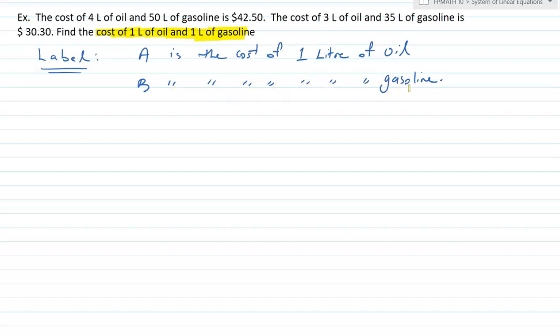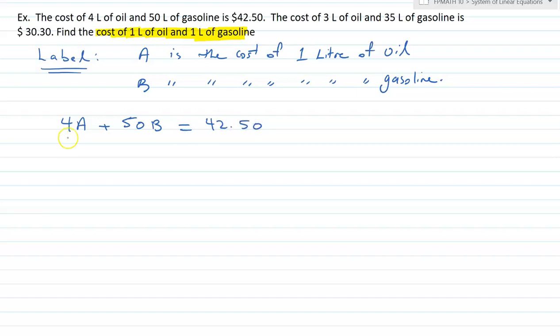Now we're going to go ahead and write the equation. So here it is. 4 times A for the oil plus 50 liters of gasoline, let's call that B, which we did. Together the cost is $42.50. That makes sense.